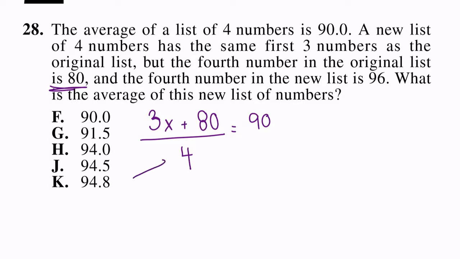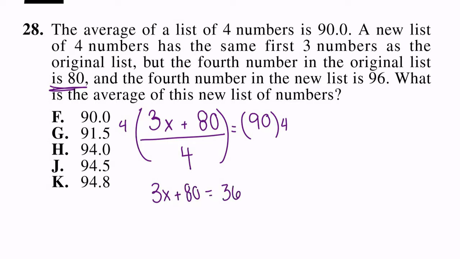So we have a total of 4 numbers in the first one. We have 3 of this unknown number x, and we have 80. So now we can solve for x. We multiply both sides by 4. So we get 3x plus 80 equals 360.